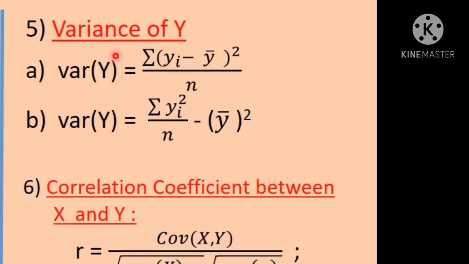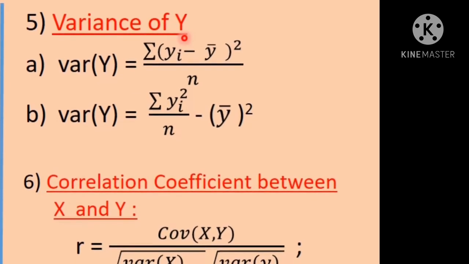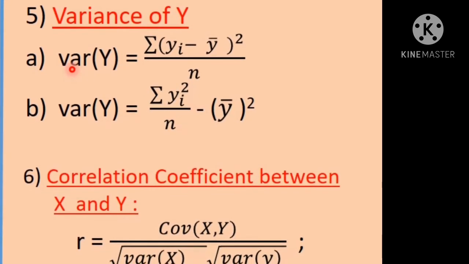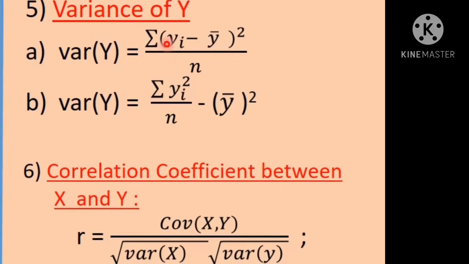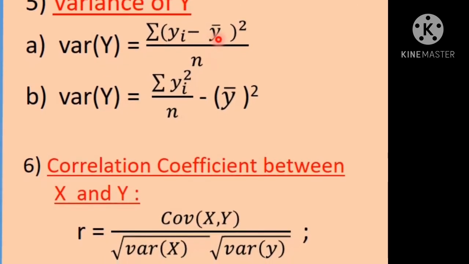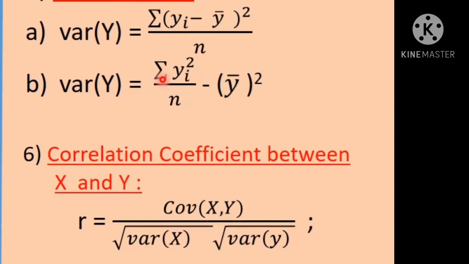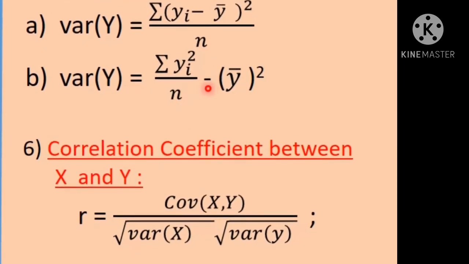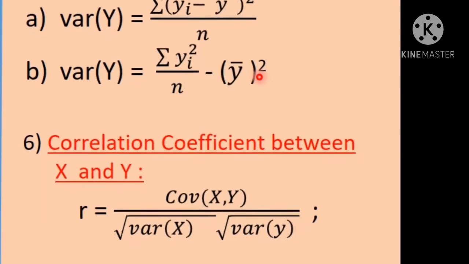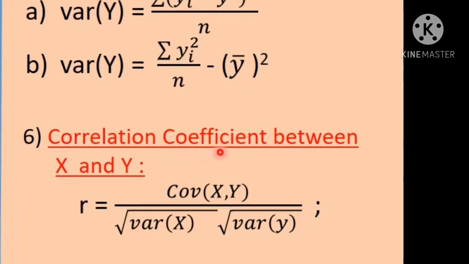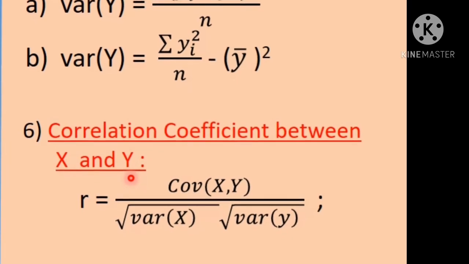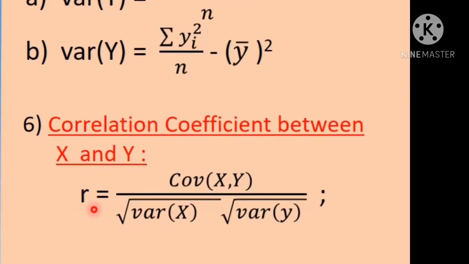Then you have studied the variance of y, which is denoted by VAR of y, that is summation of yi minus y bar the whole square upon n, or it is also given by summation yi square upon n minus y bar square.